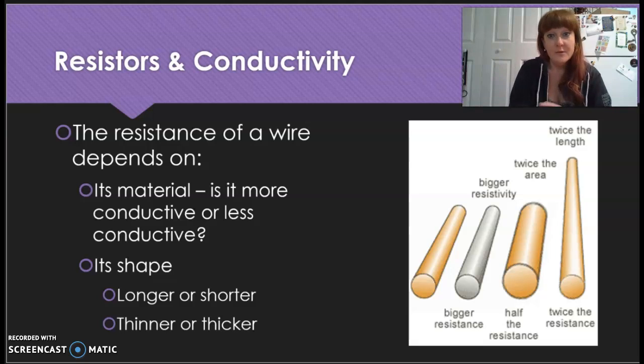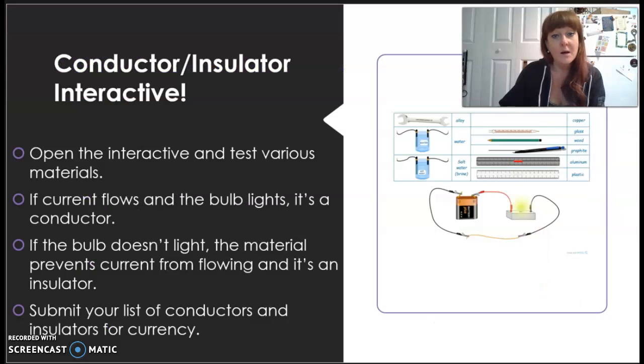And the less distance you have to travel from one end of your battery to another, the lower your resistance is going to be. So longer wires and thinner wires have higher resistance, but thicker wires and shorter wires have less resistance.